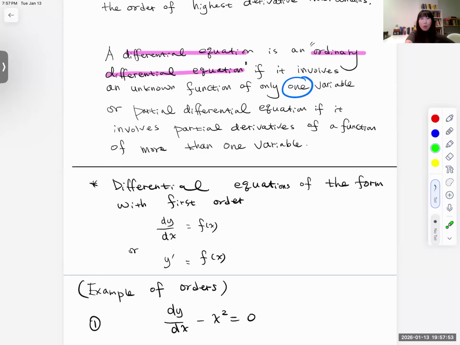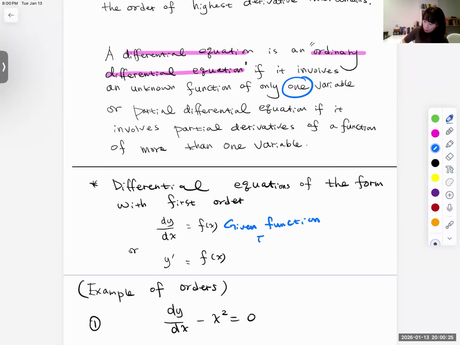Why f of x, not f prime of x? This means it's a given function. You understand what it means, right? Normally we have dy over dx, which is the same as f prime of x, but in this case it's just equal to f of x. That means it's a given function. Make sense to you?